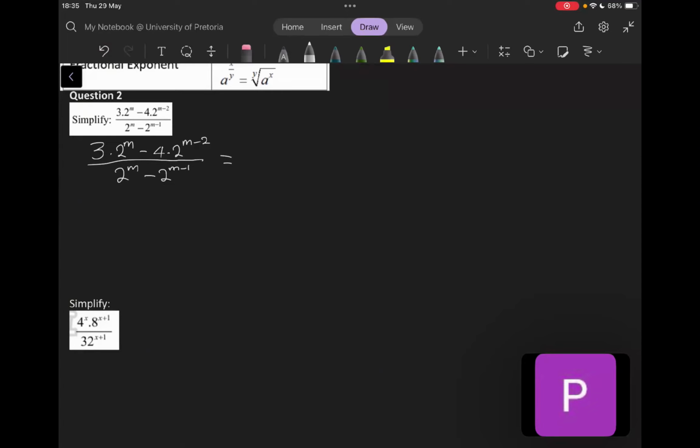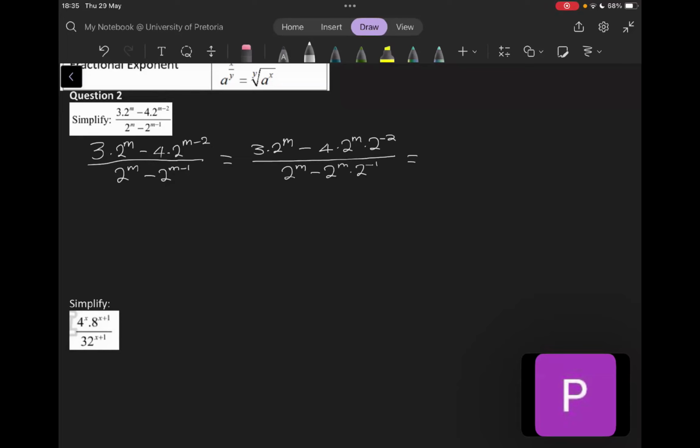I'm going to start with the numerator, which is the expression on top of the fraction. We have 3 multiplied by 2 to the power of m minus 4 times 2 to the power of m times 2 to the power of -2, all over 2 to the power of m minus 2 to the power of m times 2 to the power of negative 1.